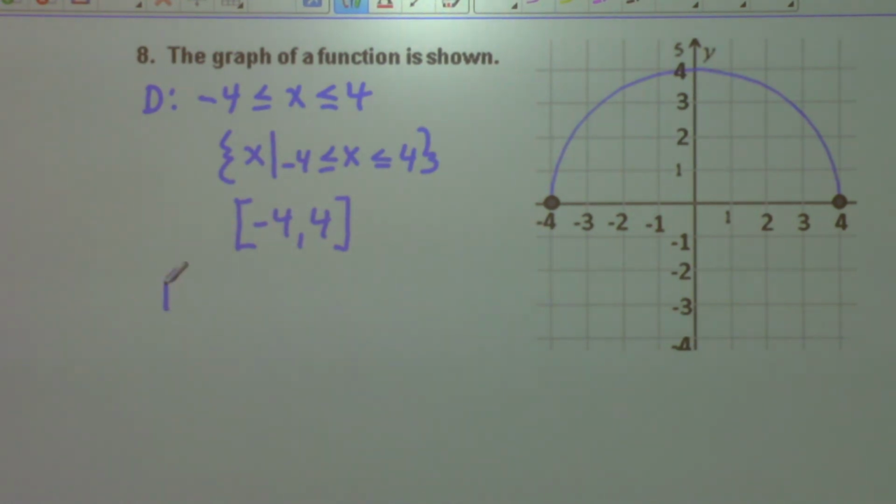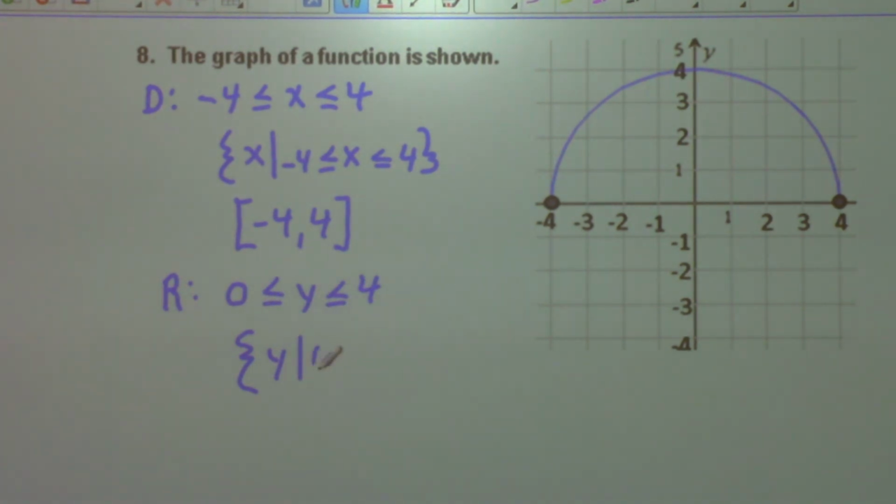Then our range, we have 0 less than or equal to y, which is less than or equal to 4. And then our set notation is y such that, we just plop this thing down, don't we?